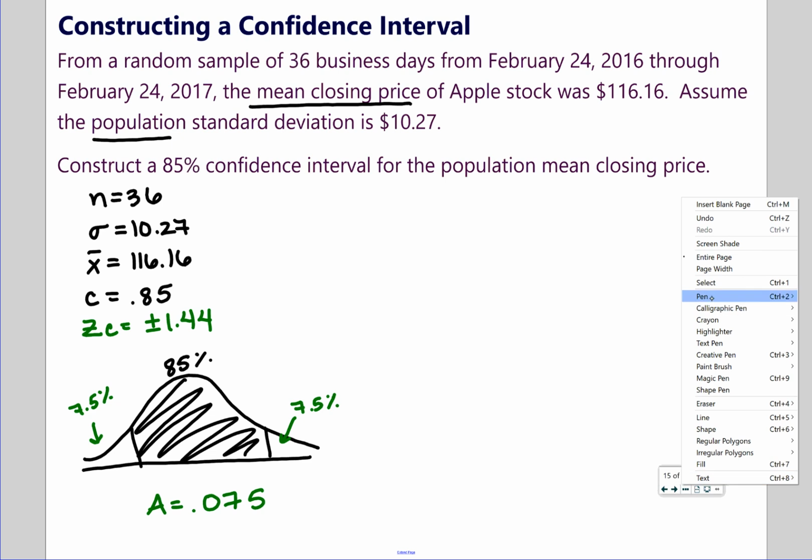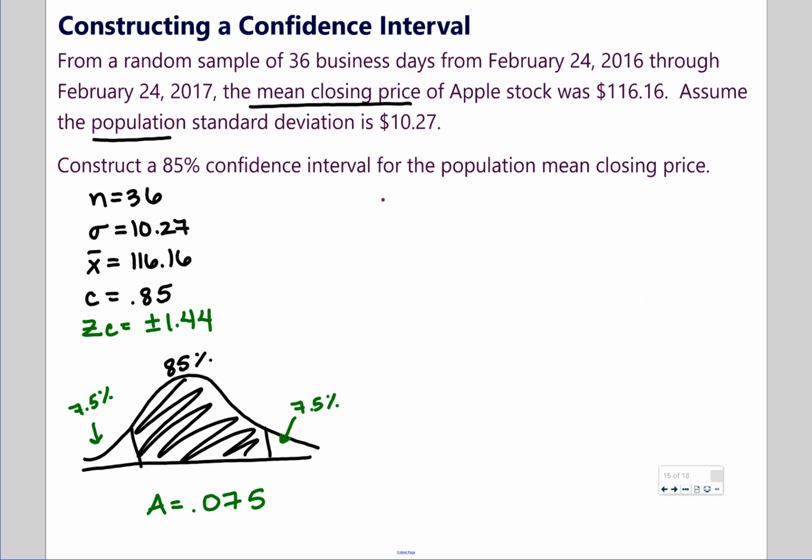Okay, once you have your value for z, you can calculate your margin of error. Margin of error is your critical value of z times the population standard deviation divided by the square root of n. So positive 1.44 times standard deviation 10.27 over the square root of 36.